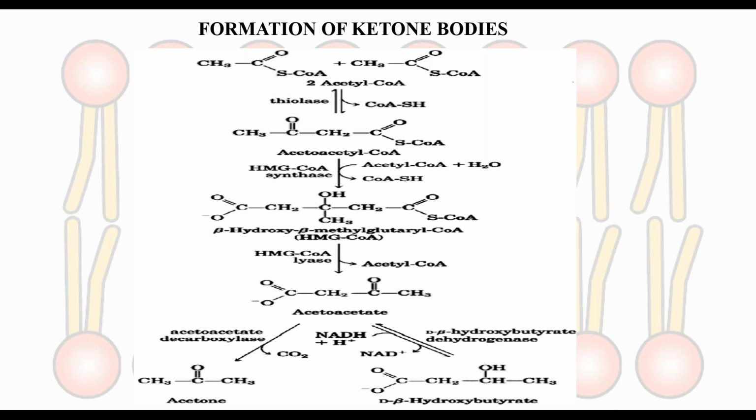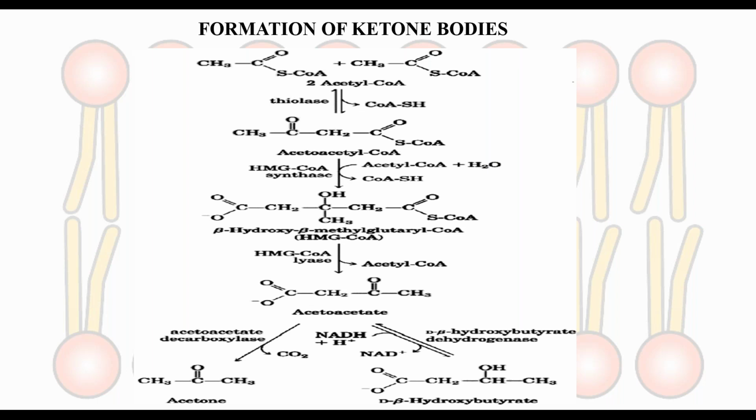Okay, now acetoacetate and beta hydroxybutyrate. You can see all the three structures on your screen: acetone, acetoacetate, and beta hydroxybutyrate. So this acetoacetate and beta hydroxybutyrate are transported by the blood into different tissues other than the liver also. They are transported to other tissues in the body, where they can produce energy.